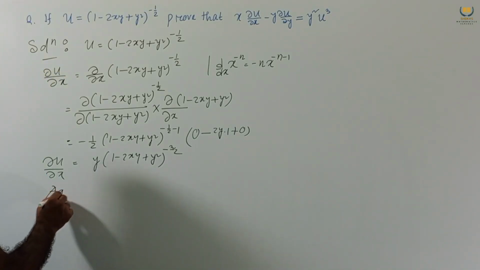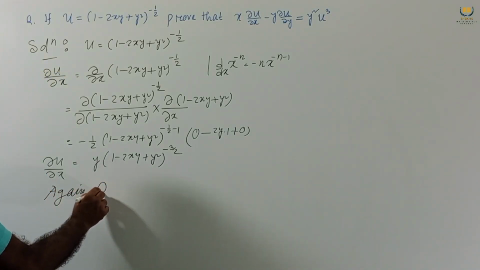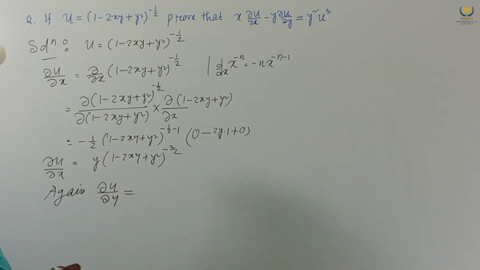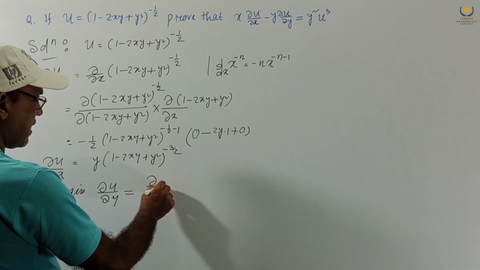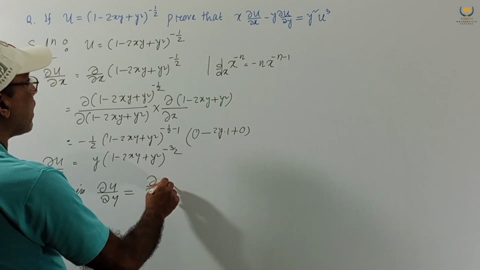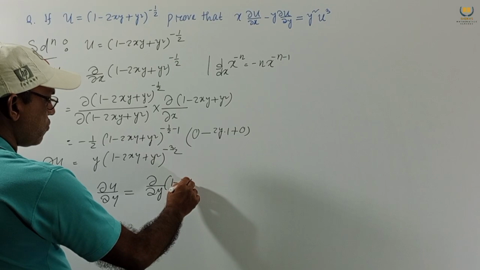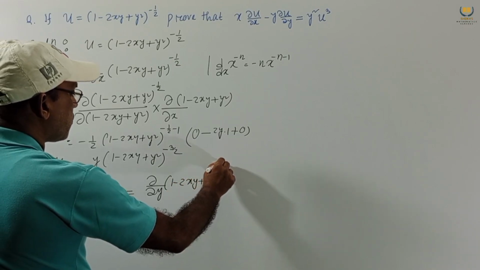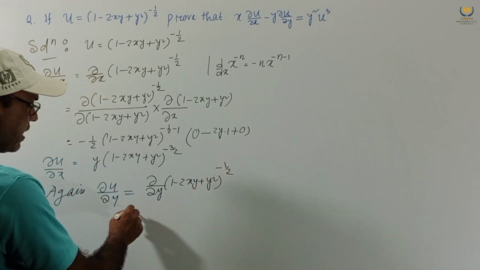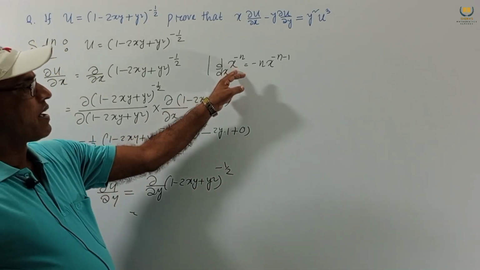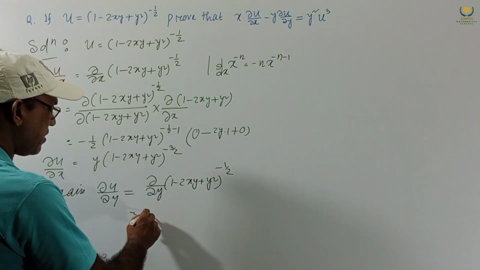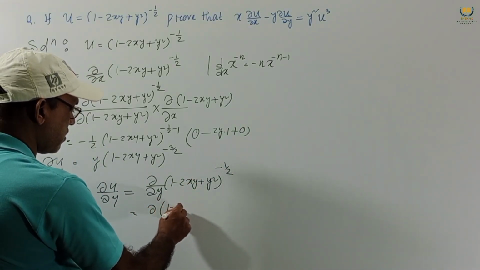Again, del u del y is del del y of (1 minus 2xy plus y square) whole to the power minus 1 by 2. Again we know this formula if the base and variable are the same, but these are not the same, so again we use the chain rule.